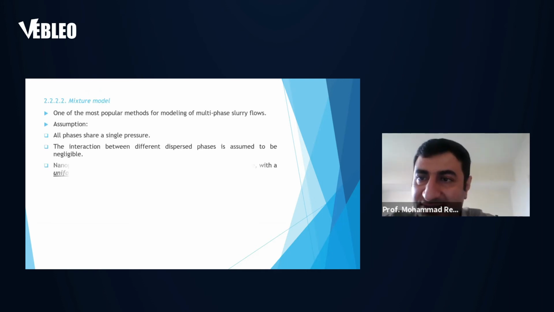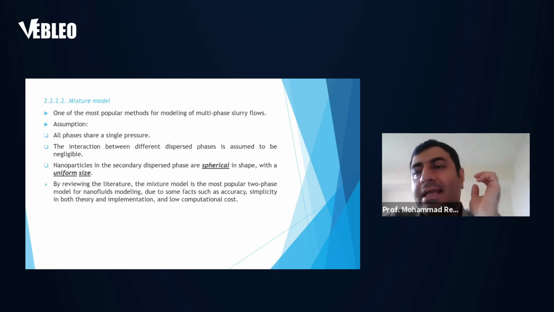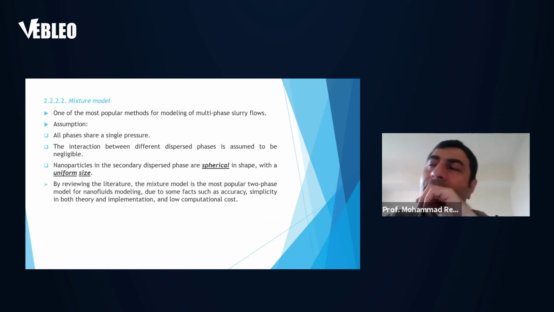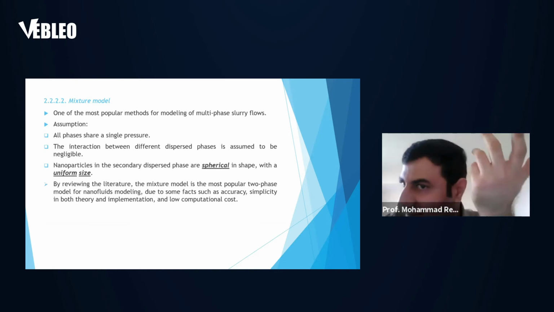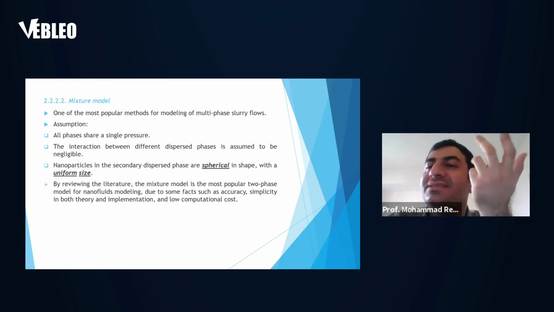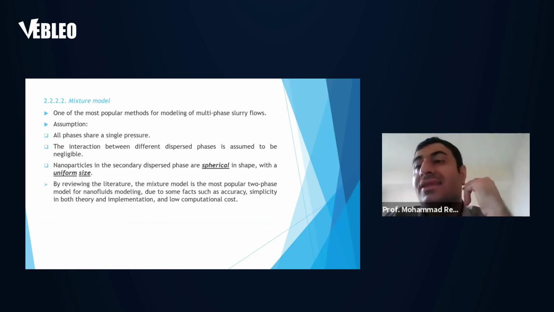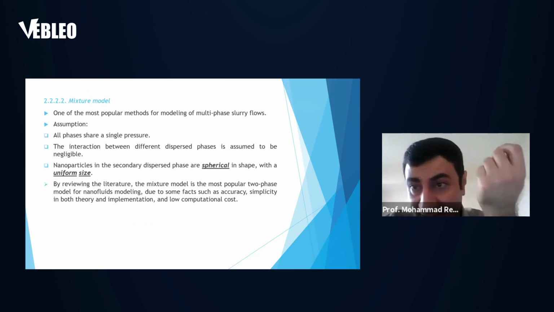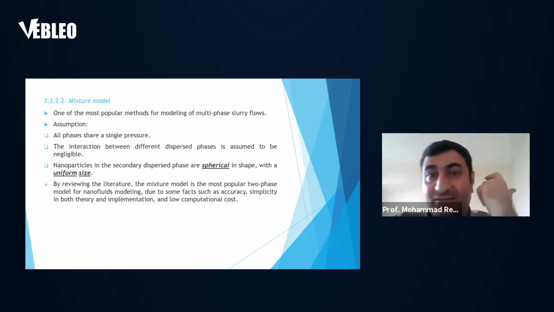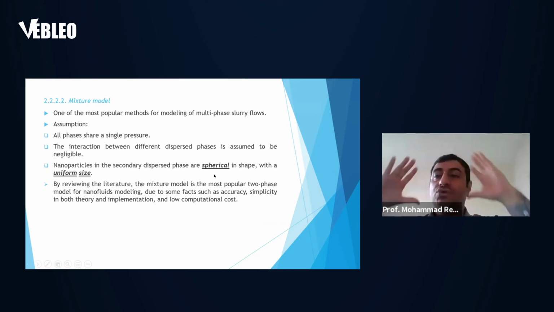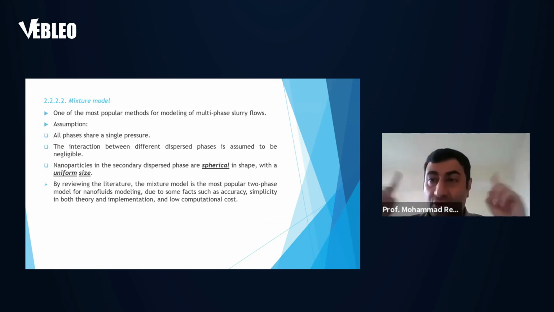The second method is the mixture method, okay? In terms of computational time, it's still time consuming, but much better than DPM and some other models that I will tell you about later. The result of this model is very precise, but it again has limitations. The most important limitation is that you can only model nanoparticles that are spherical and of uniform size.